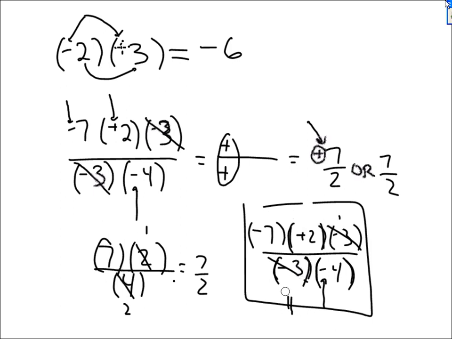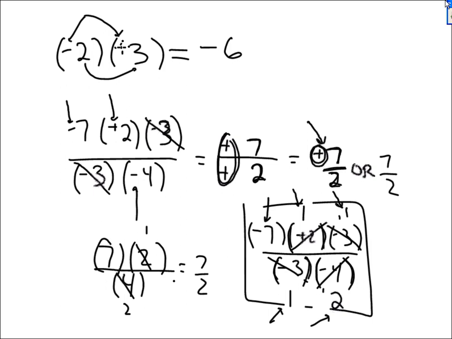Get rid of these arrows so we can see they're reducing. 3 goes into both of these numbers 1 time, and 2 goes into both of these numbers 1 time and 2 times, and what's left is 7 times 1 times 1, which is 7, over 1 times 2, which is 2. Positive over positive is positive, and 7 over 2 is simply 7 over 2. So you can say the answer is positive 7 over 2 or simply 7 over 2.